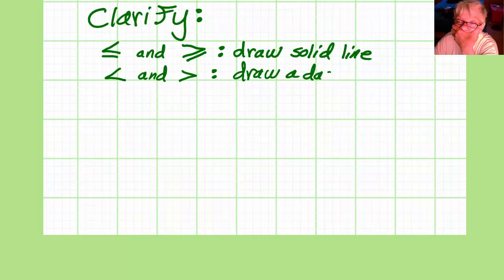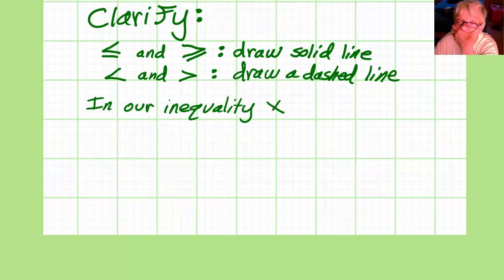The boundary is dashed, which means it's not included with the true side. You noted that in our inequality we drew a solid line.